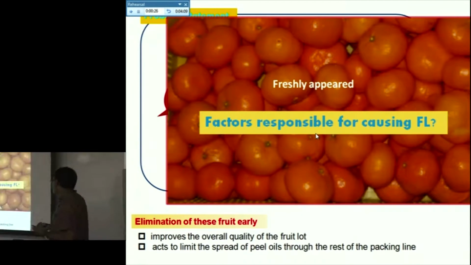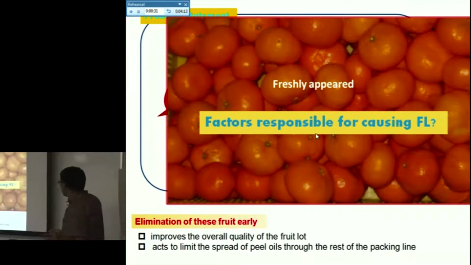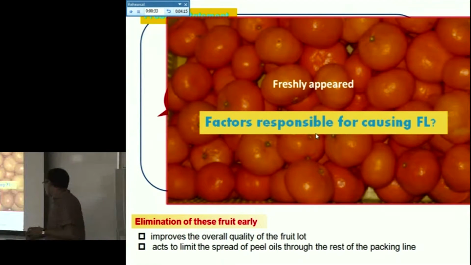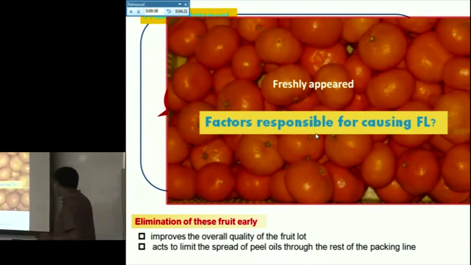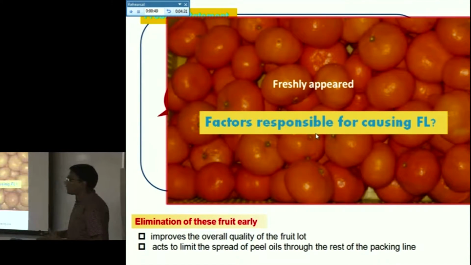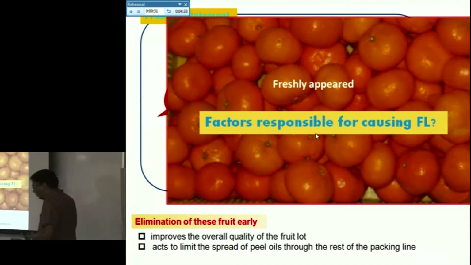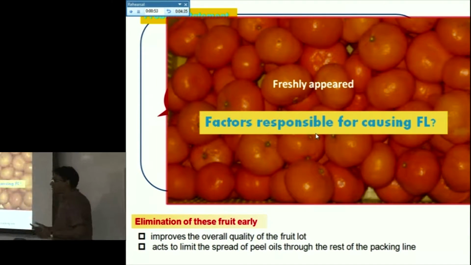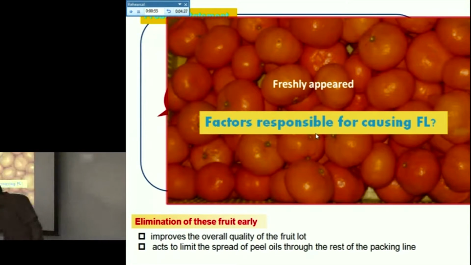Eliminating this fruit early not only improves the quality of the fruit lot, but also helps limit the speed of peel decay through the entire packing line. So it is important to understand and explore the factors responsible for causing the fluorescence signature. However, no research has yet been done to examine this.